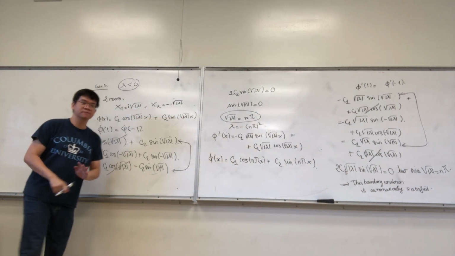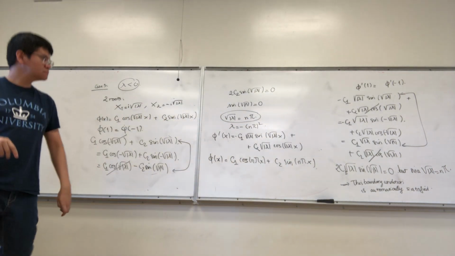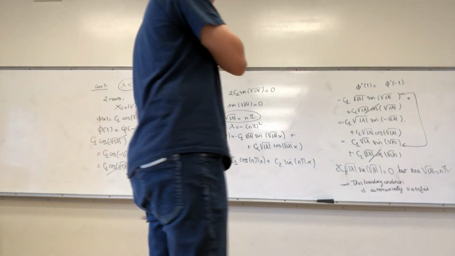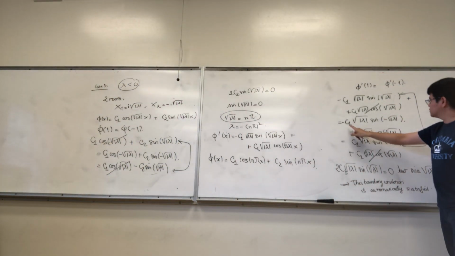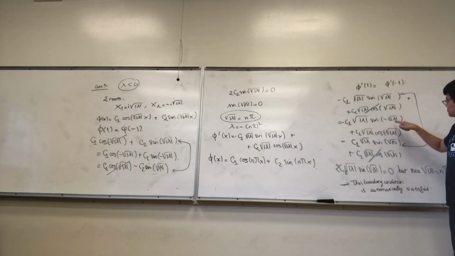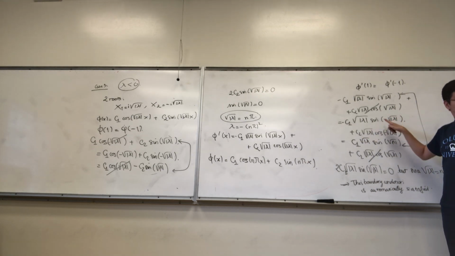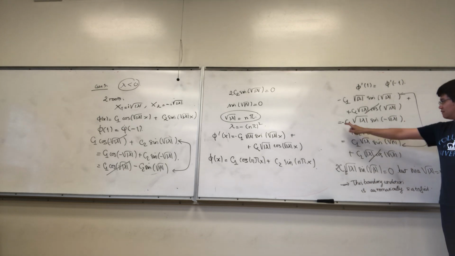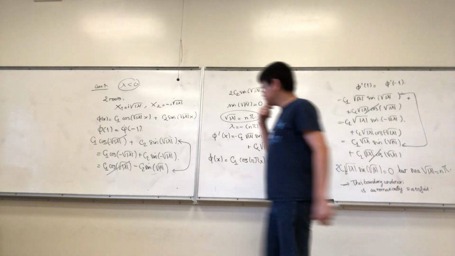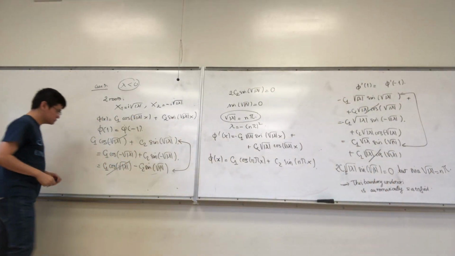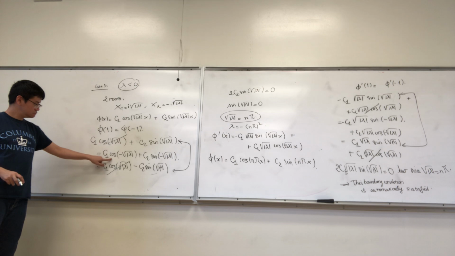So the negative inside, are you pulling it out to the front? That's why it cancels with the C1? So the sine of minus square root of lambda will be minus sine of square root of lambda, right? But I have the minus here, so they cancel. Then how did we go from C1 cosine of negative square root of lambda plus C2 sine of negative?